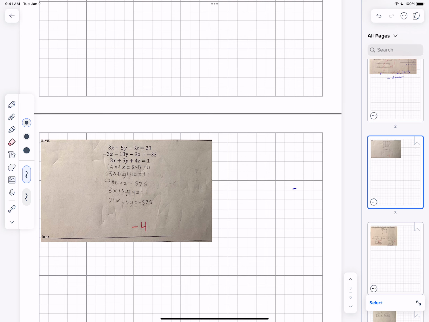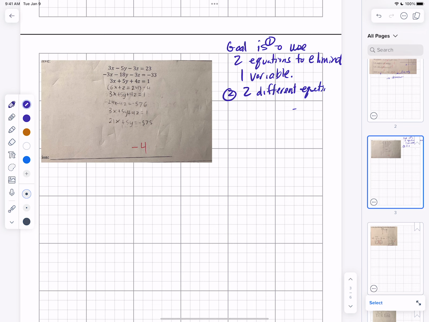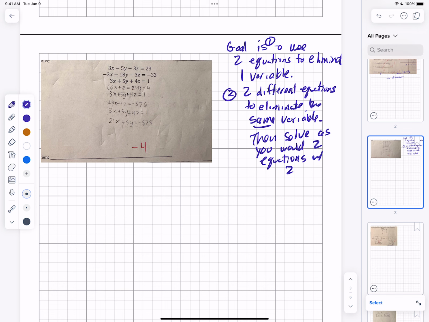Okay. So what the goal is to use two equations to eliminate one variable, and then you need to use two different equations to eliminate the same variable, then solve as you would two equations with two unknowns.